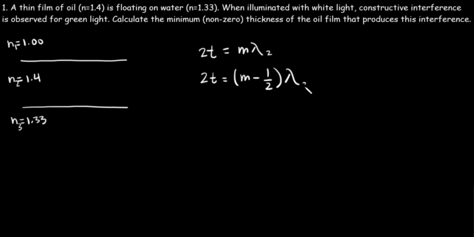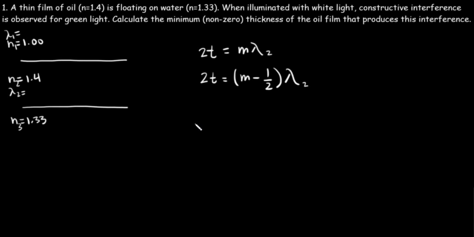In these two equations, the wavelength it's talking about is the wavelength in the oil, which is wavelength 2. Usually the question will not give you this wavelength, so you'll have to calculate it using Snell's law. Usually the question will give you wavelength 1 though.